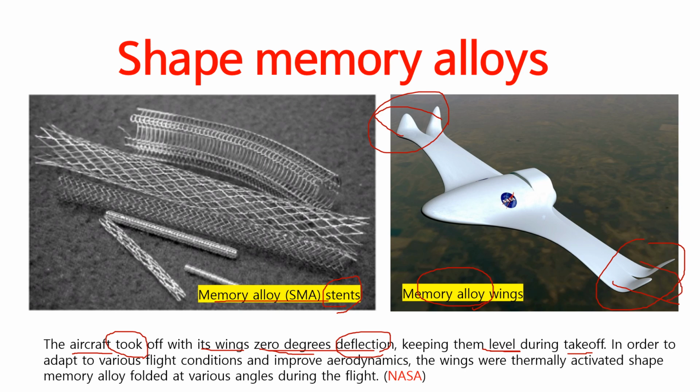In order to adapt to various flight conditions and improve aerodynamics, the wings, thermally activated shape memory alloys, were folded at various angles during the flight. So the wings fold at a certain angle to improve the aerodynamics and to adapt to various flight conditions.